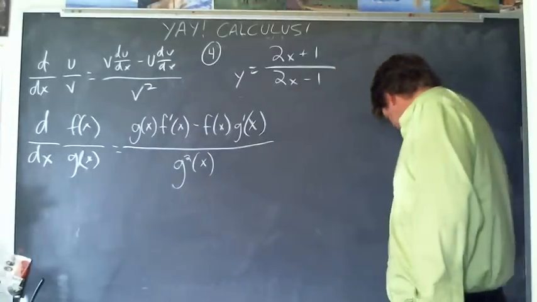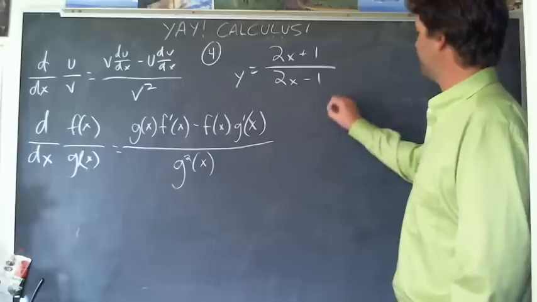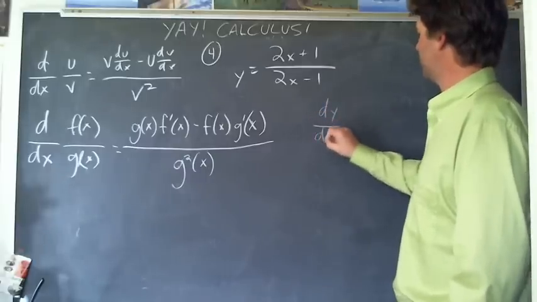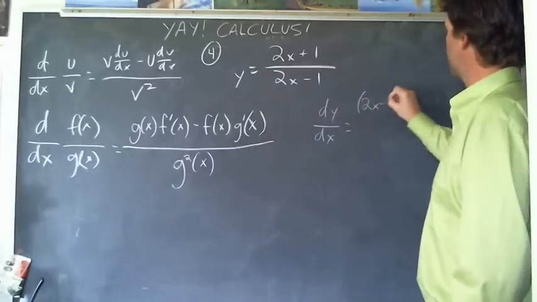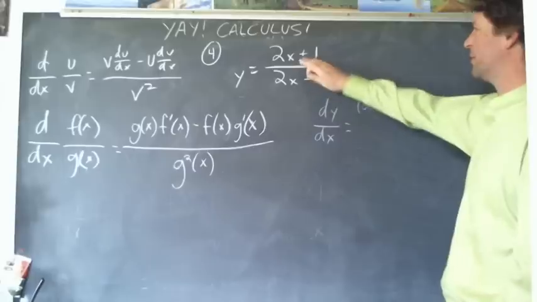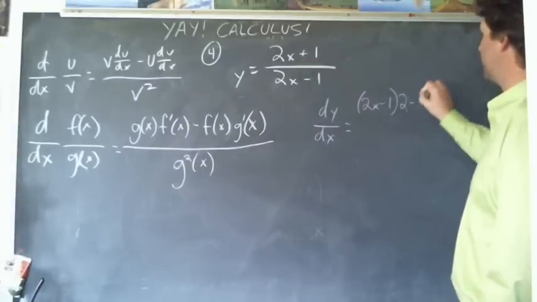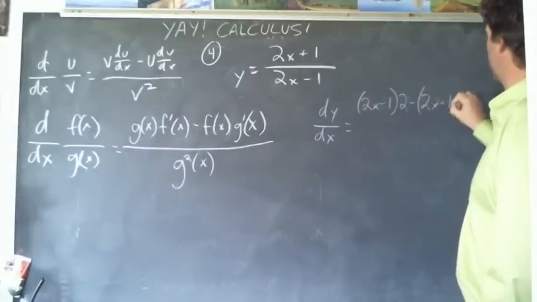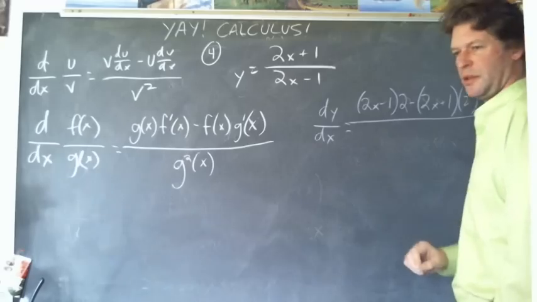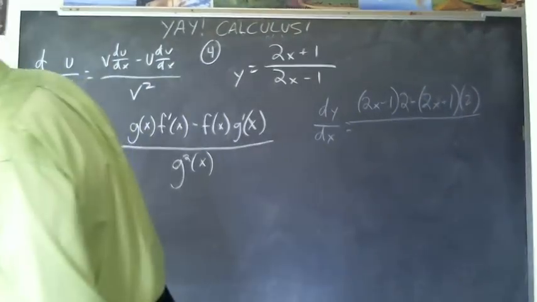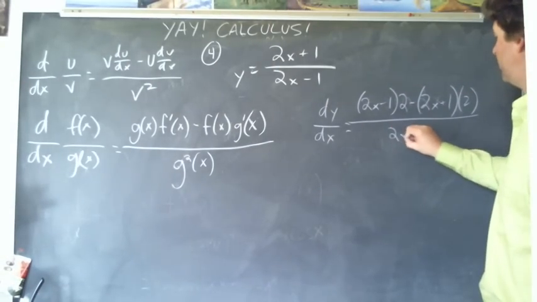Let's apply the rule. So we've got the bottom, 2x minus 1, times the derivative of the top. The derivative of 2x plus 1 is just 2, minus the top times the derivative of the bottom, all over the bottom squared.